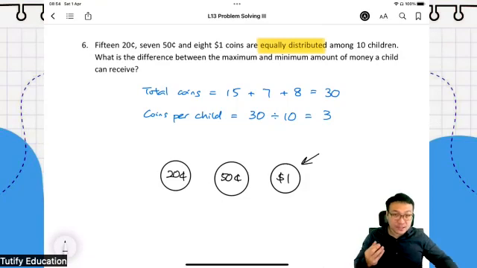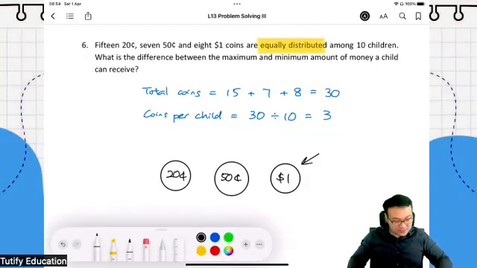You have 3 coins, right? 60 cents. So what's the question asking? What is the difference between the maximum and minimum amount of money? Do you think you know how to do it? Okay, everybody.